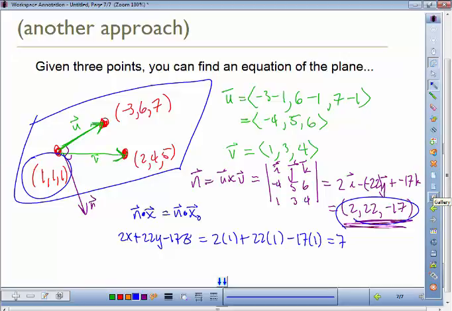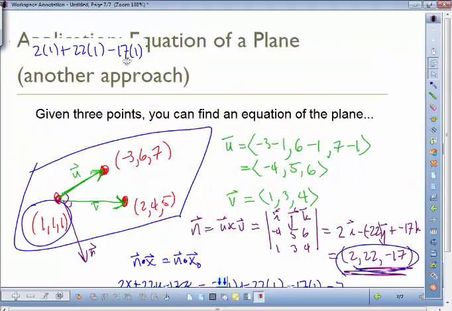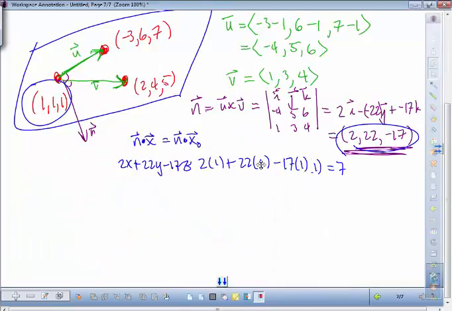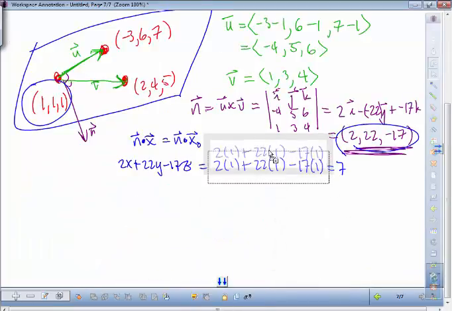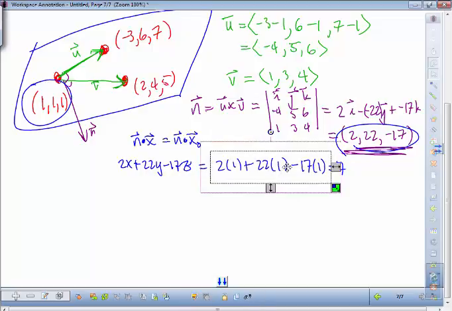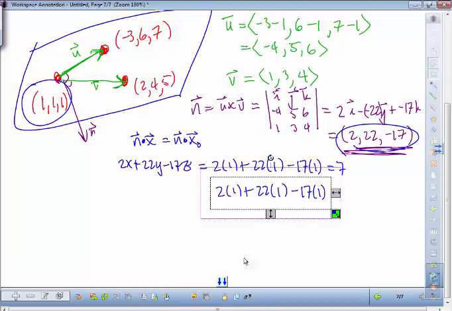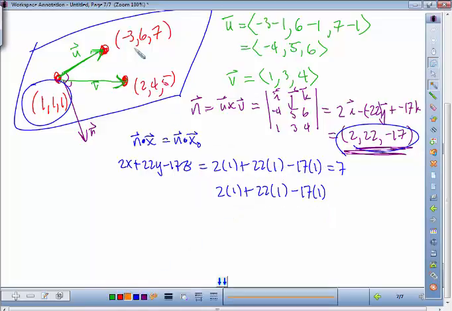Now I said there's 3 points here, and I just randomly chose one. What if we chose another one? We better get 7. Are we going to get 7? Let's choose negative 3, 6, and 7.